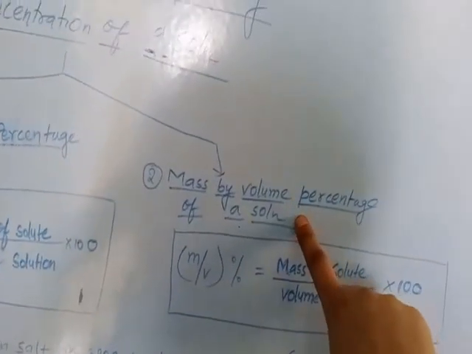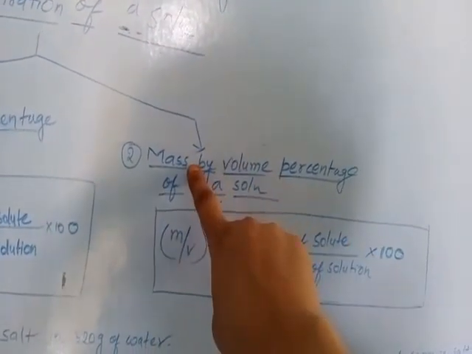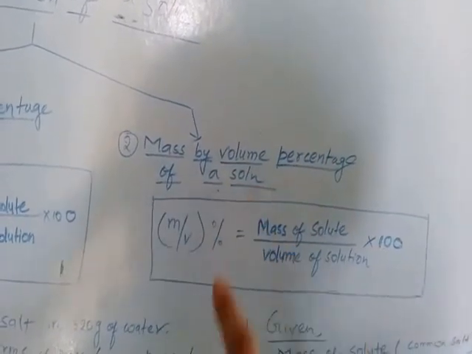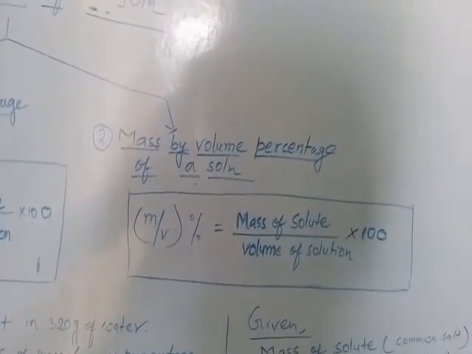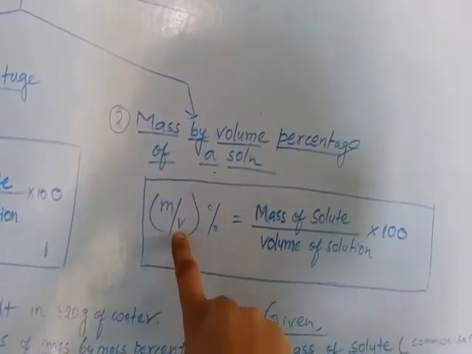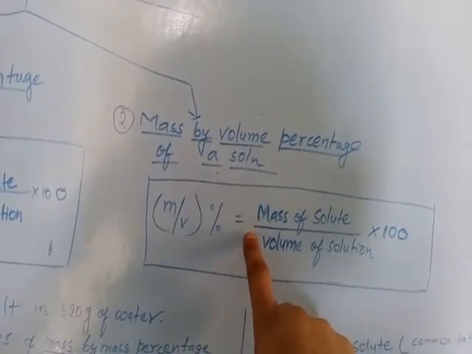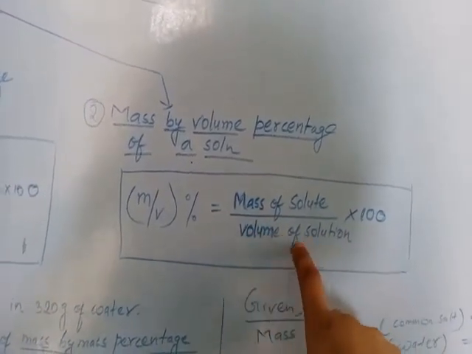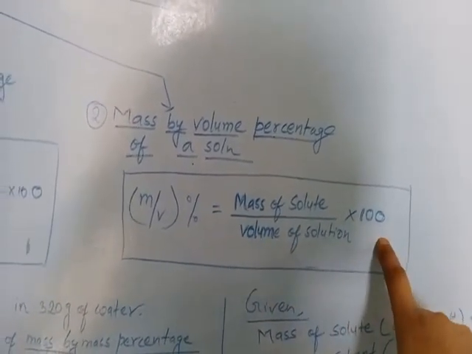And if you have to express the concentration in terms of mass by volume percentage, it is equal to mass of the solute divided by the volume of the solution into 100.